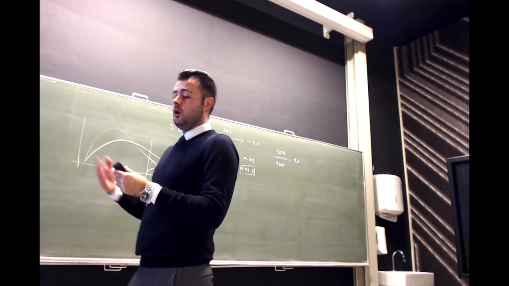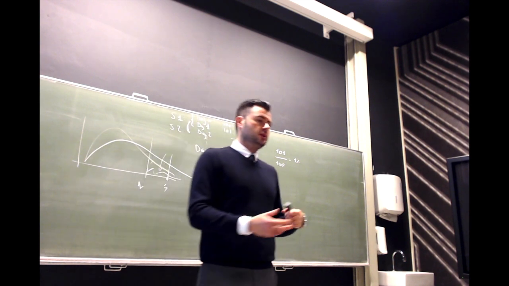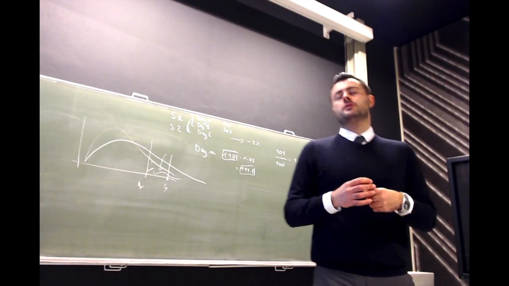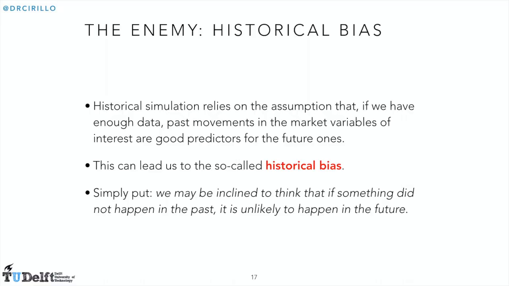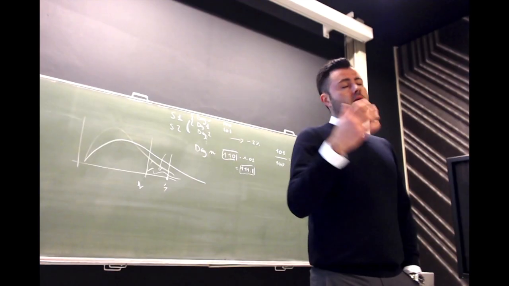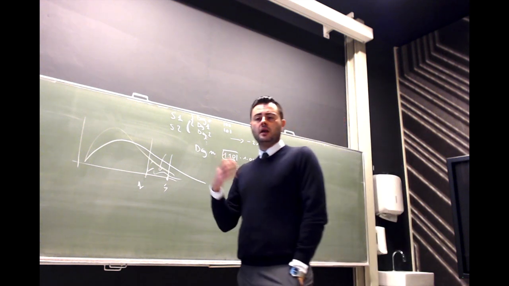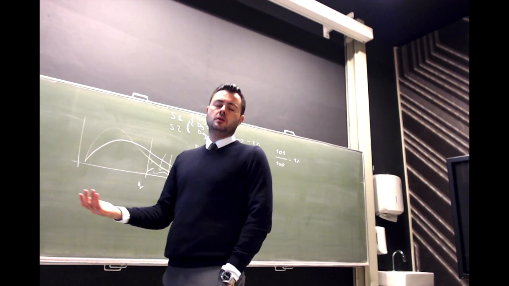Another problem of historical simulation, which is more related to historical simulation, is the fact that it's historical by definition. So you are using past data, and you're using more or less the last 2 years up to 4 years of observations if you use 1,000 scenarios. But if you're using those past observations to generate your scenarios for tomorrow, implicitly you are telling that the past for you is a reliable predictor of the future.